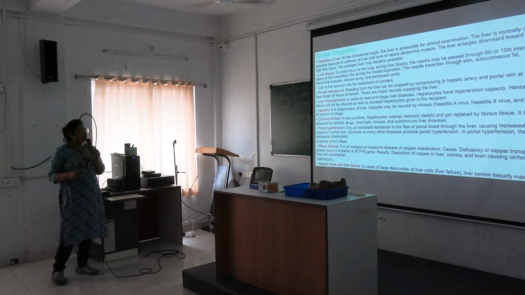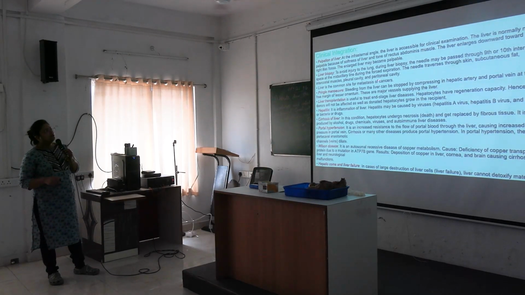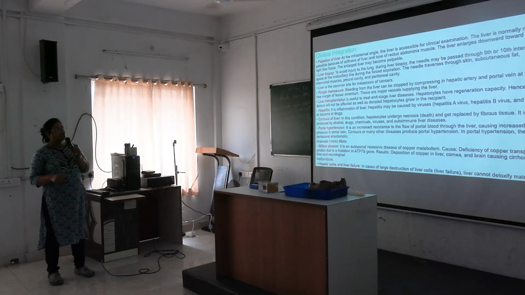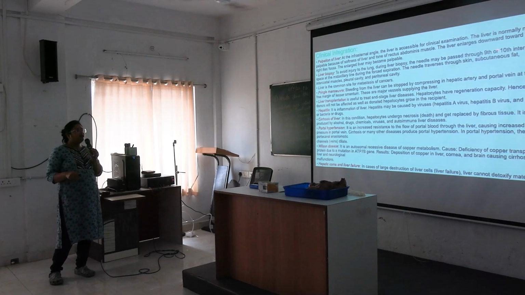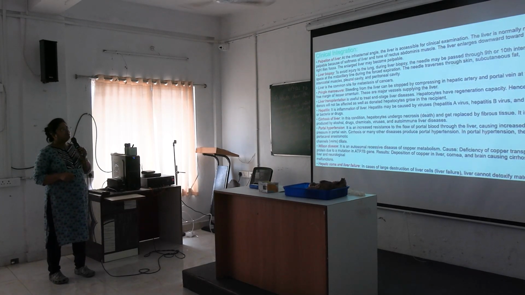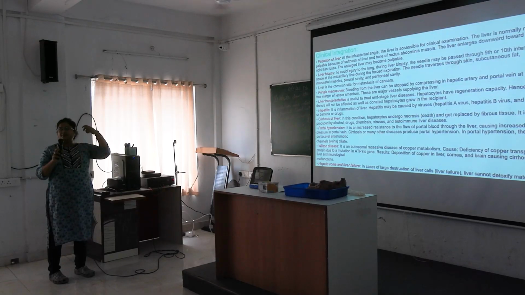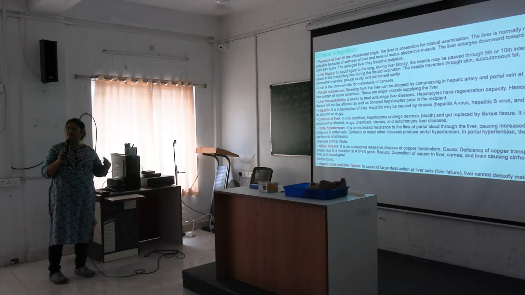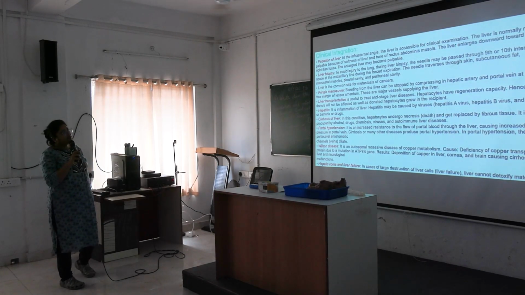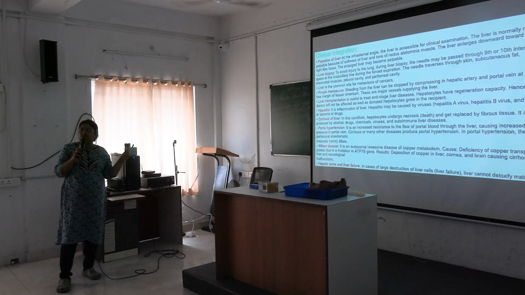Liver biopsy: to avoid injury to the lung during liver biopsy, the needle may be passed through the 9th or 10th intercostal space at the mid-axillary line during forced expiration. During forced expiration, the lung will be contracted upward, so there is less chance of injury to the lung. This comes in your explain-why questions: where the liver biopsy is done and why.